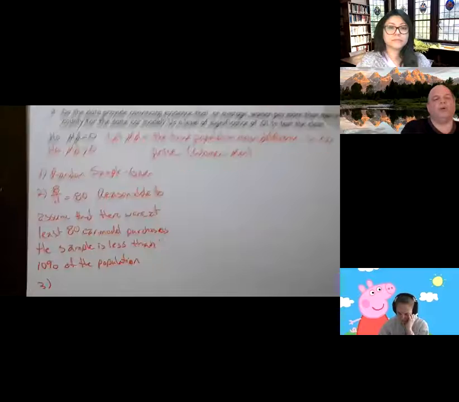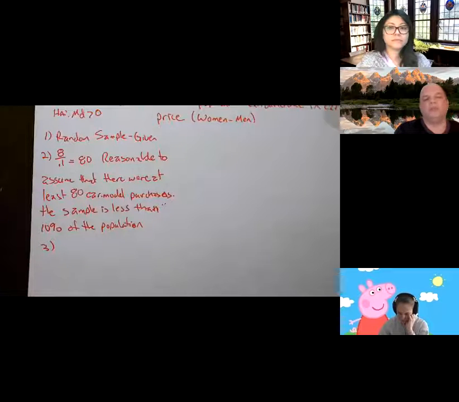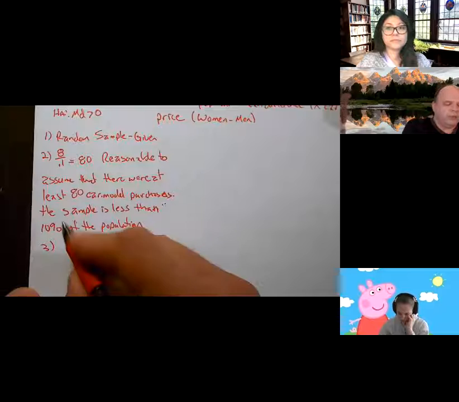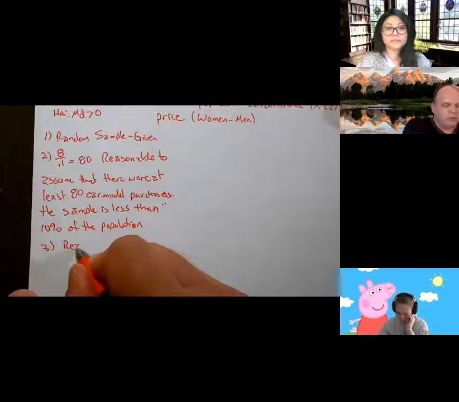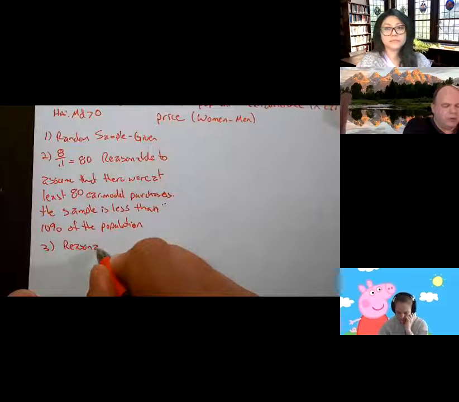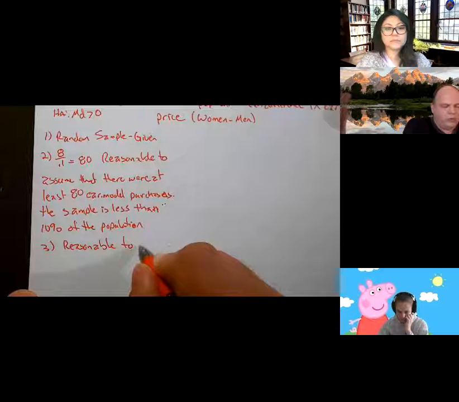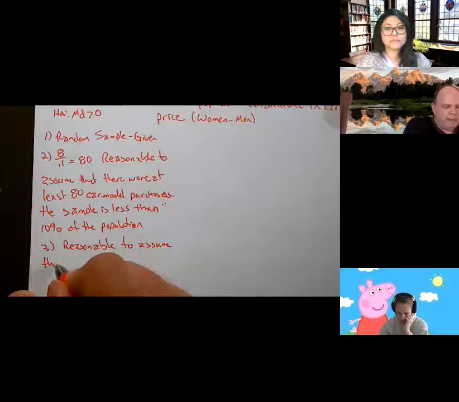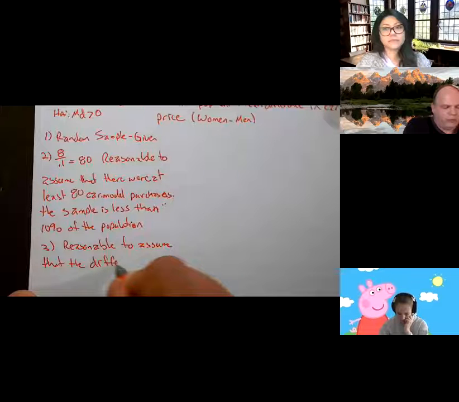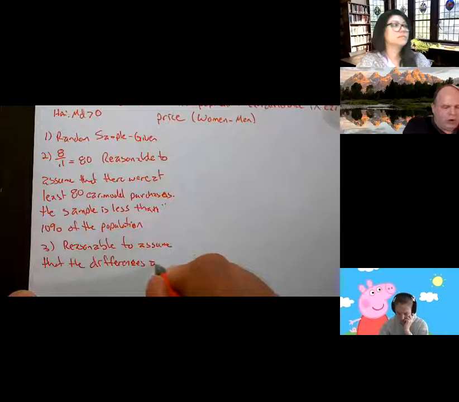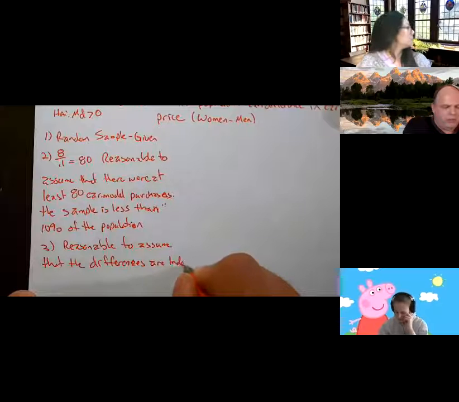The next condition is one that was not on the one sample, and that's independence of the differences. So reasonable to assume that the differences are independent.